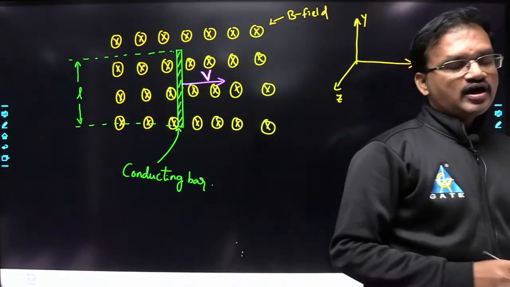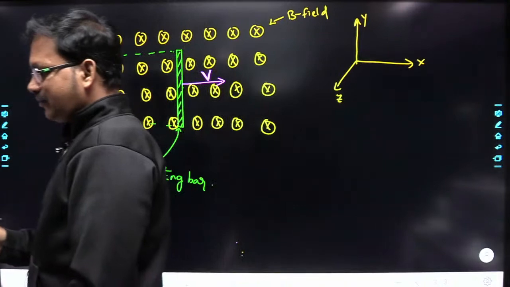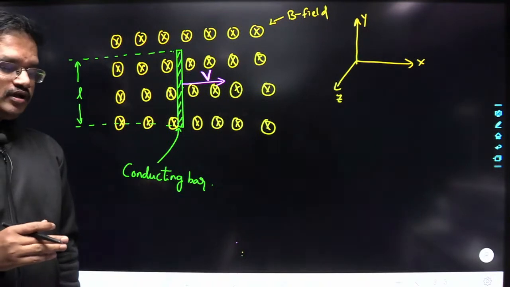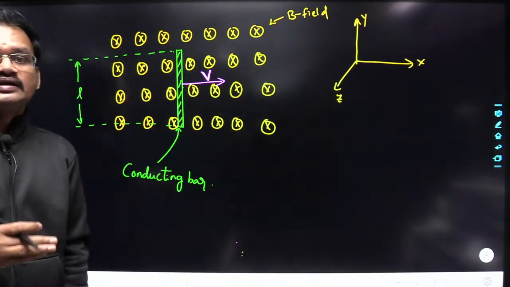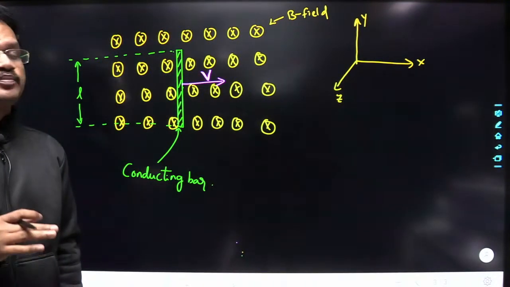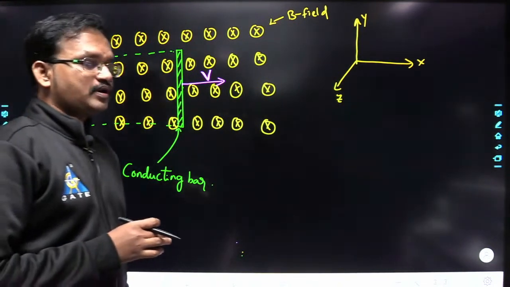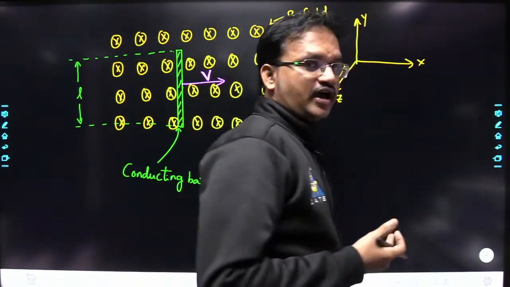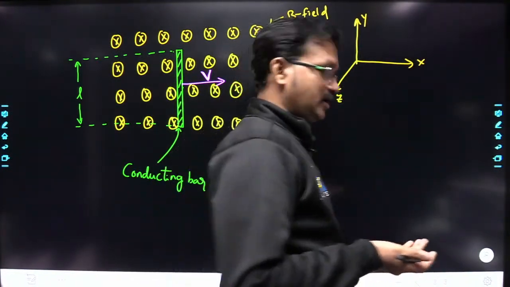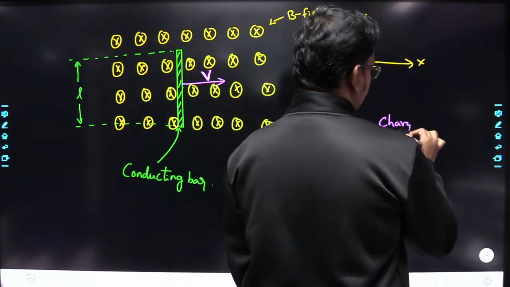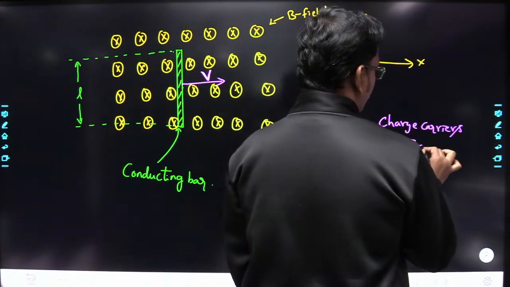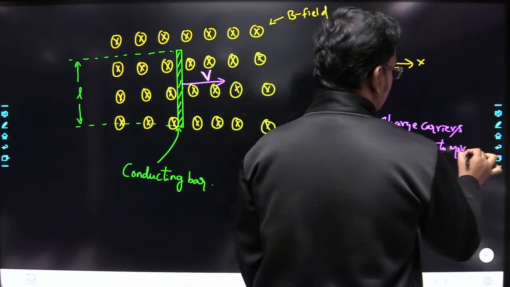What is the main property of a conducting material? Free charge carriers are available within the conducting material, and the charge carriers are free to move within the conducting material.